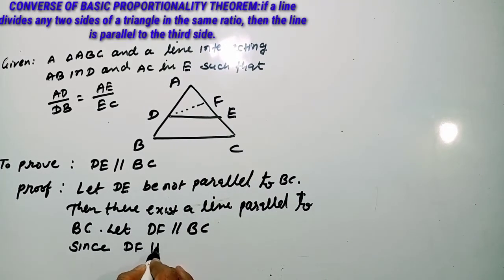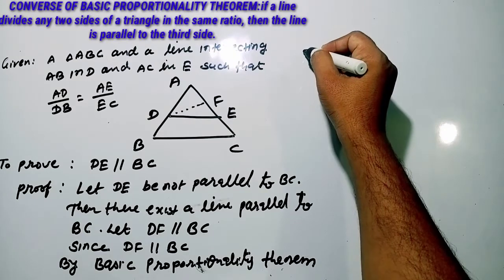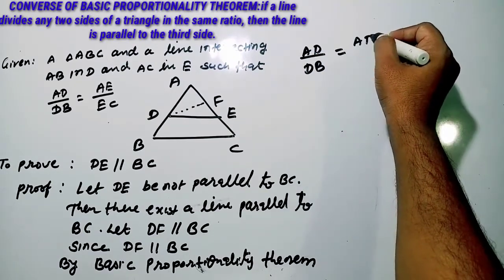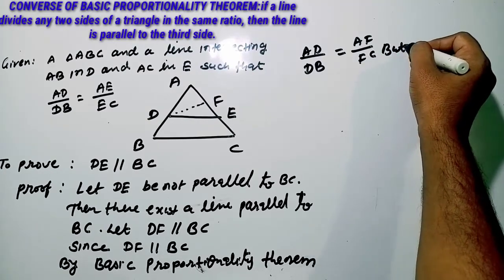Since DF is parallel to BC, by the basic proportionality theorem, the ratio of the same sides is always equal. So AD upon BD is equal to AF upon FC, right?